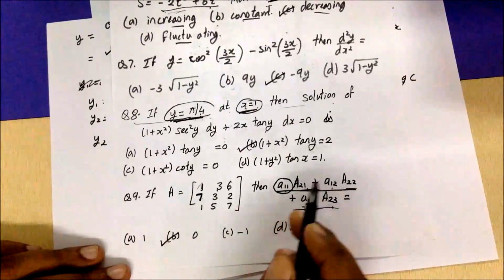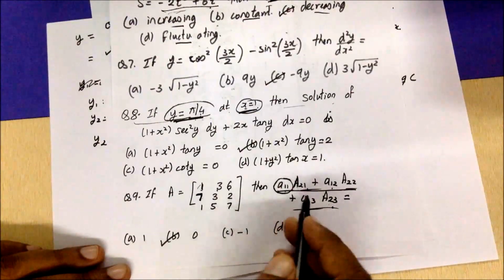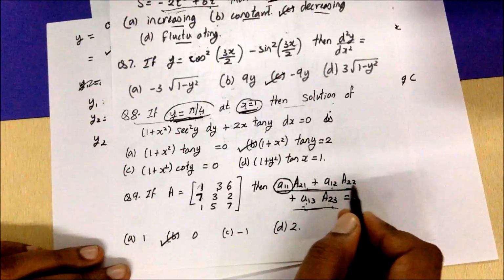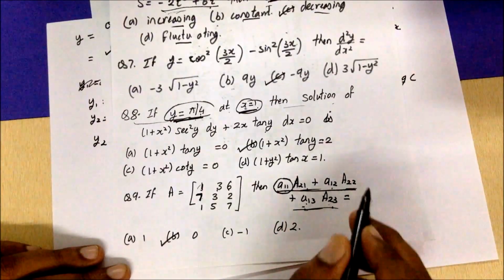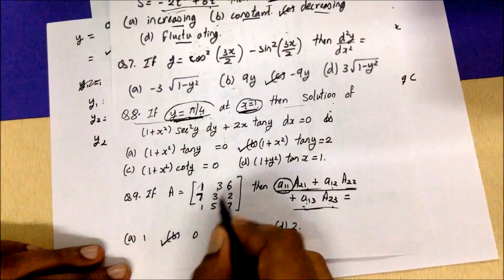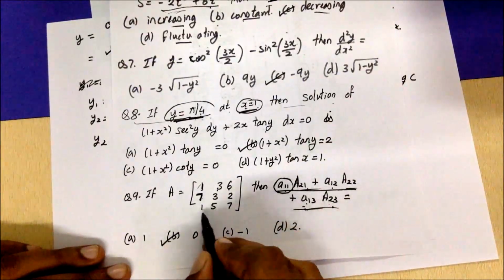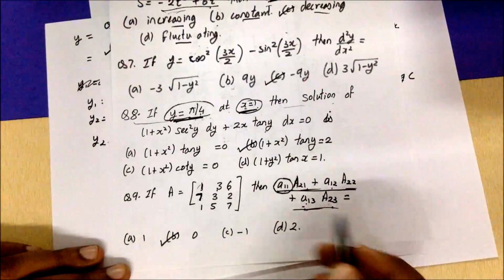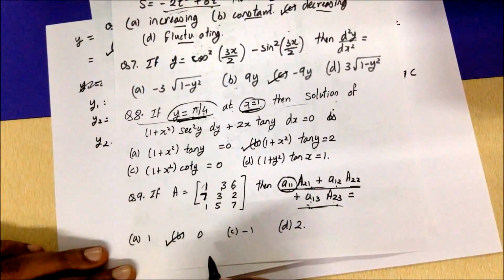But if they are from the same row or column, like in this case if it would have been A11, A12 and A13, then it is going to be nothing but the determinant of this matrix. So just remembering that, your answer is going to be 0 in this case.